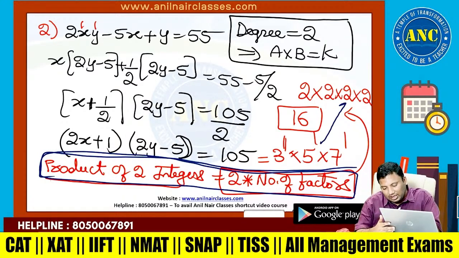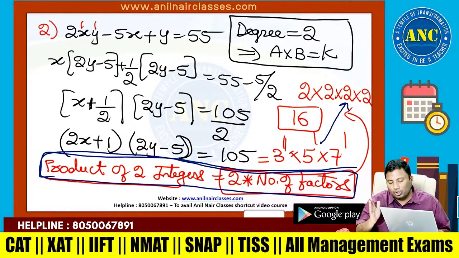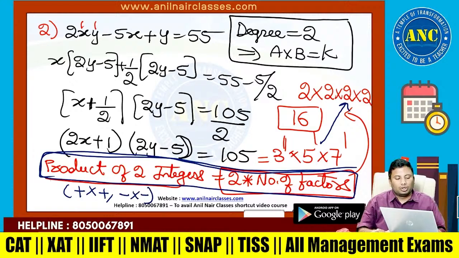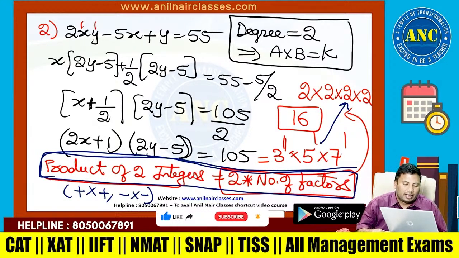Number of factors for this number is 2, 2, 2. Positive into positive is positive, negative into negative is also positive. I hope the second one is clear, which is 16.